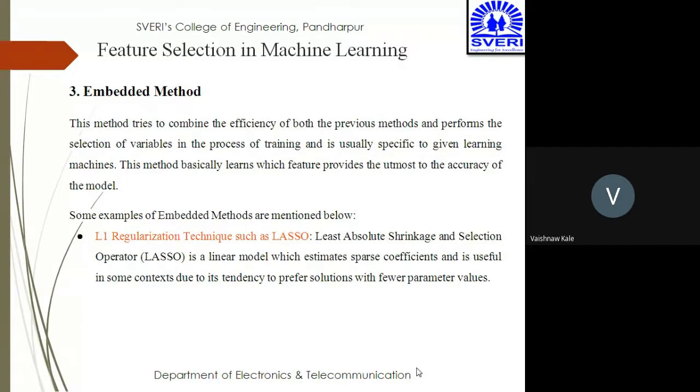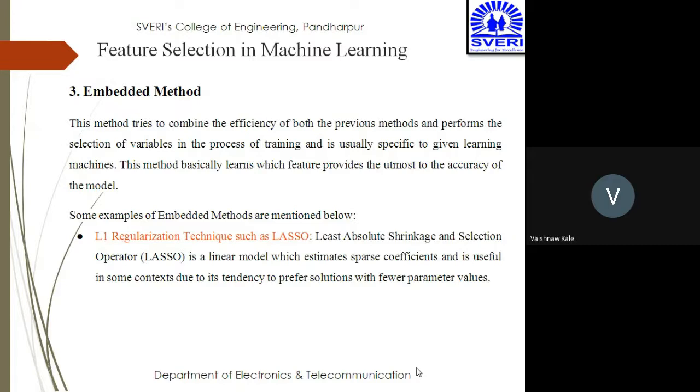So this method keeps selecting features until the model gives the most accurate results. Actually, the embedded method is nothing but a combination of the filter method and the wrapper method so that the efficiency can be improved. How the efficiency can be improved is by searching out those features which will give the utmost accuracy of the model. So in this way, you are embedding two methods. That is what is called an embedded method.